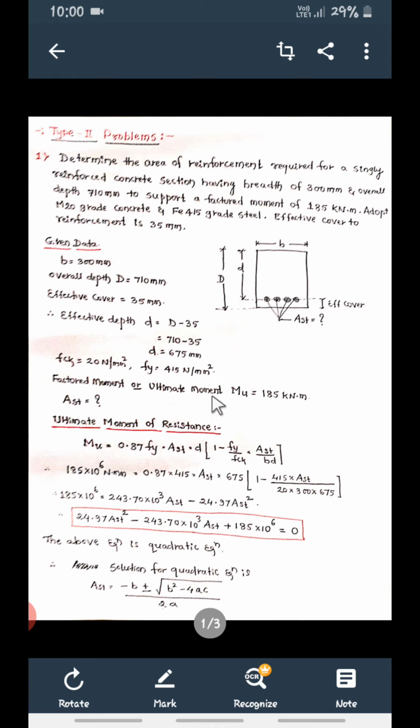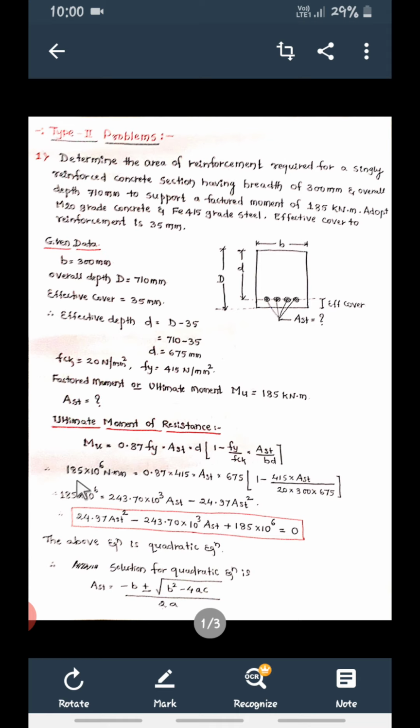Now, using this moment, we first use the ultimate moment of resistance. MU is equal to 0.87 Fy AST into d into bracket 1 minus Fy upon FCK into AST upon BD.